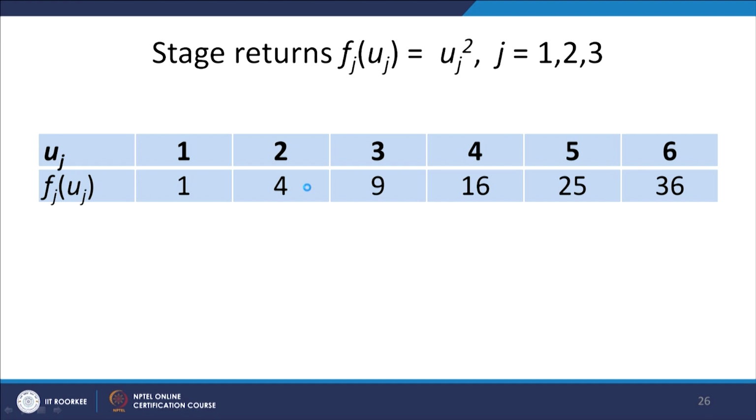Again, the state returns, that is fj(uj), can be written as uj squared, where j goes from 1 up to 3, and this is the data that is given: 1, 2, 3, 4, 5, 6. So, it is their squares. Remember, fj(uj) is uj squared. So, the square of 1 is 1, square of 2 is 4, square of 3 is 9, and like this.